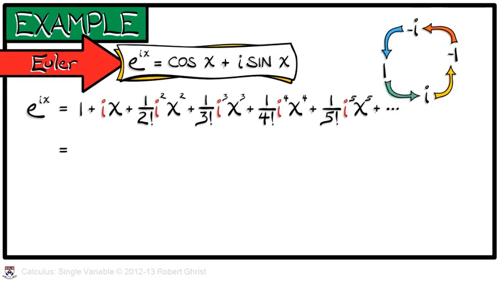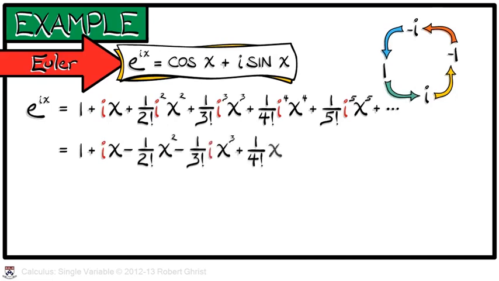Therefore, we have a cyclic pattern in our powers of i that allows us to simplify this expression as 1 plus ix minus x squared over 2 factorial minus ix cubed over 3 factorial plus x to the 4th over 4 factorial, etc. You can see the pluses and the minuses coming in alternating pairs, and the real versus imaginary terms alternating with each term.